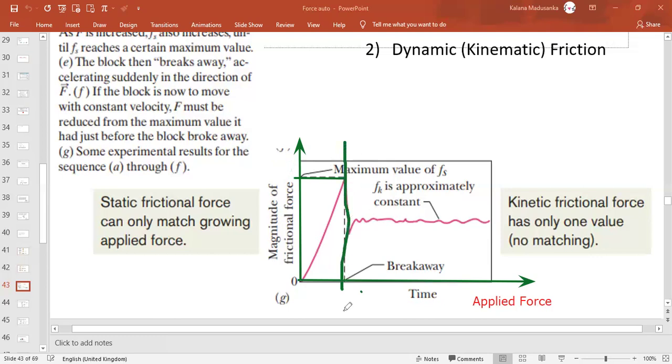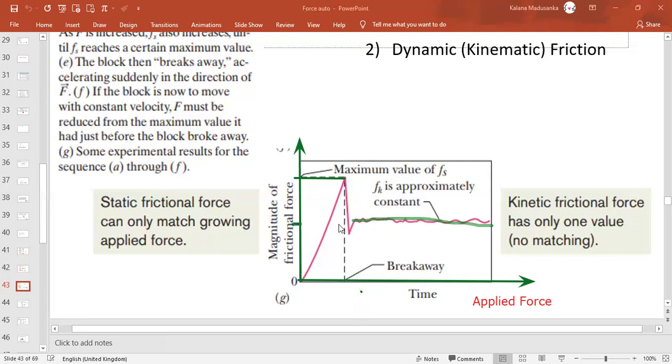Now up to this point, you have to remember, this is the static side. And after you break that barrier of the maximum static friction force, this point, what happened? Whatever the applied force, it reduces actually up to a certain point and becomes a constant value.